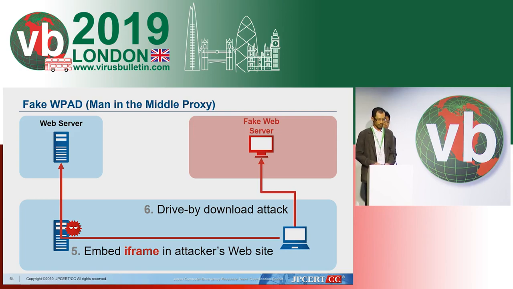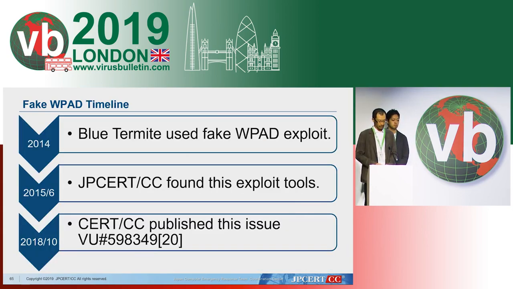After that, the client will access the fake WPAD server as a proxy when accessing a web server. The fake WPAD server inserts a malicious iframe into web contents to redirect the user to another web server and conduct a drive-by download attack. This attack was already known in 2010, but it has recently become a huge security problem.